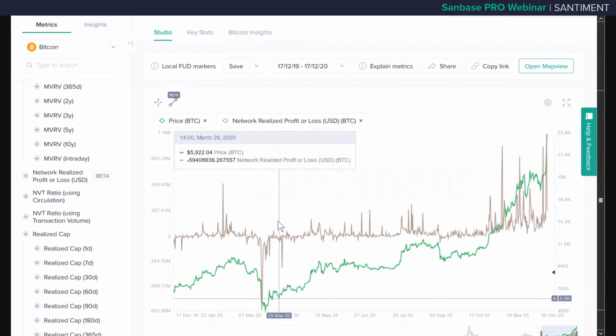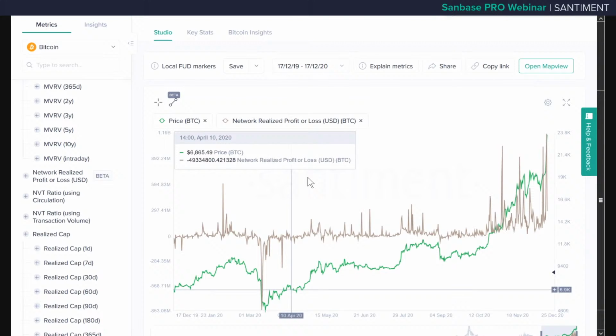And then on the other hand, when we see these dips in network profit loss, like we saw here and like we saw here during both bottoms for Bitcoin and several short-term bottoms, that points to the fact that on average, most network participants are moving coins at a substantial loss, right? So in general, it would point to short-term holder capitulation.